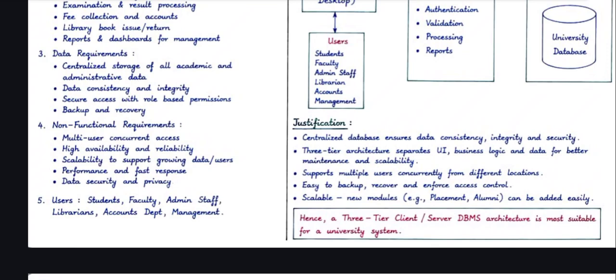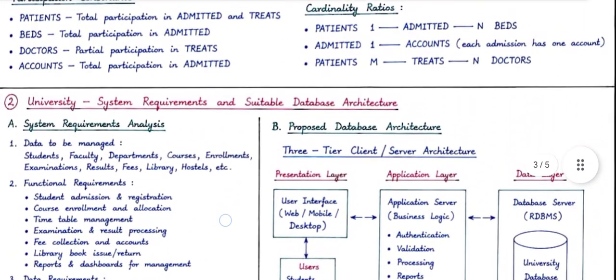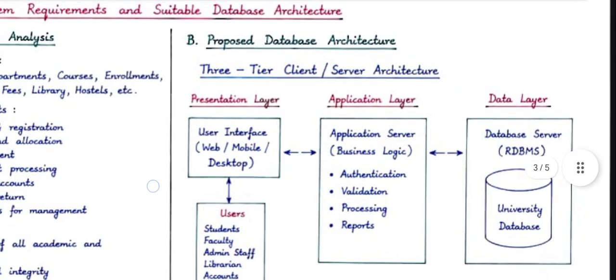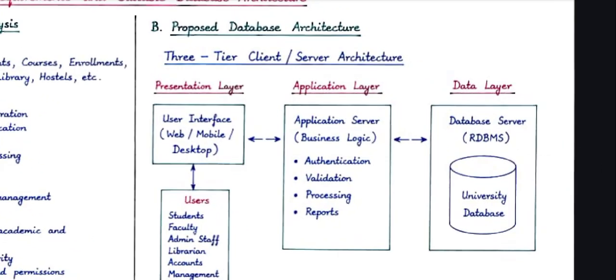Data security and privacy. Users: student, faculties, admin, staffs, librarian, accounts, department, and management. Proposed database architecture: three-tier client server architecture. Data layer, where the database server and university database will be stored.